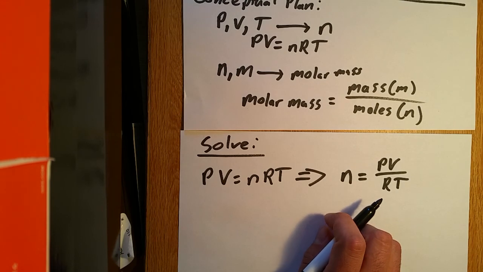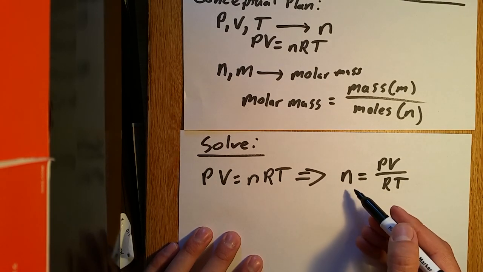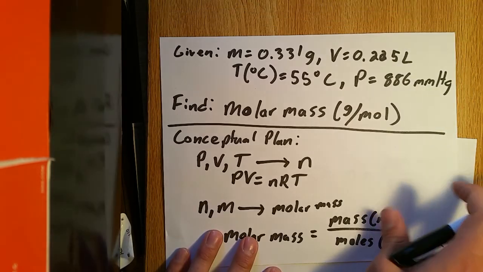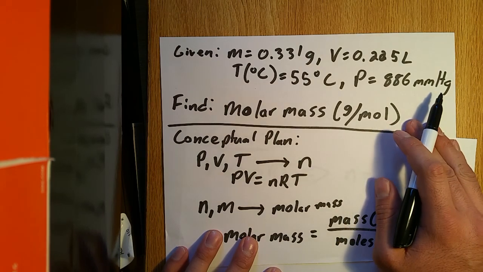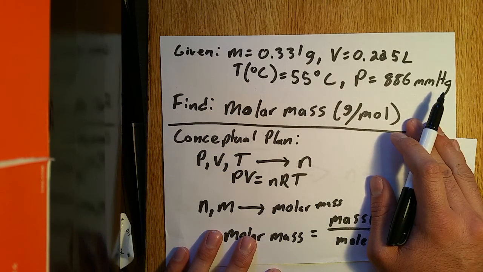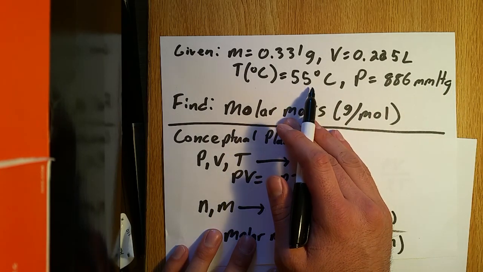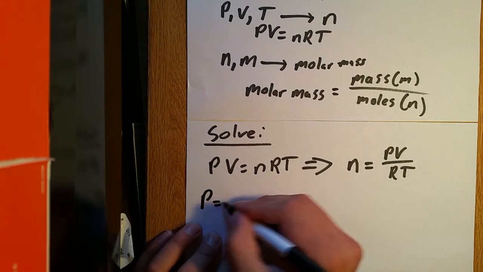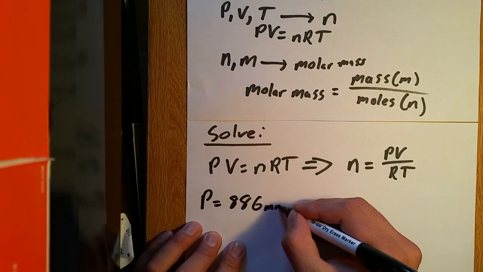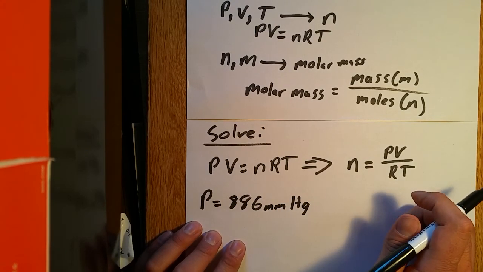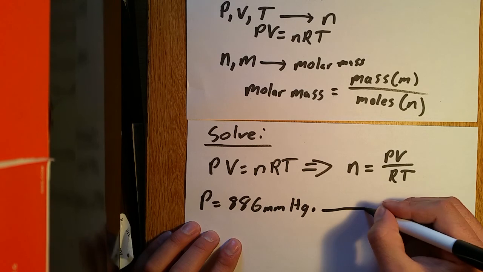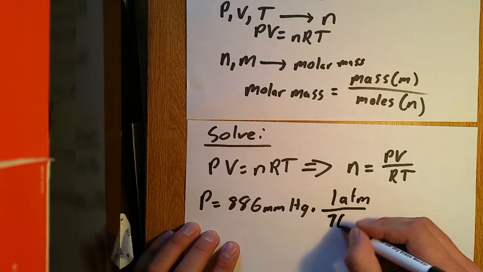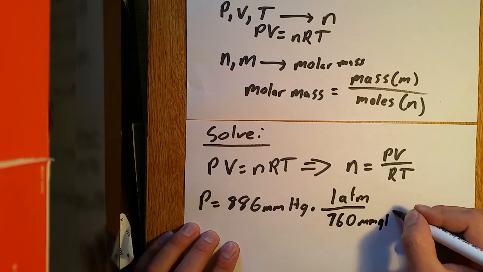Before we substitute into the equation for n, which is our moles, we first need to convert the pressure, 886 millimeters of mercury, to atmospheres, and we need to convert our temperature into Kelvin. We multiply 886 millimeters of mercury by our conversion factor of 1 atmosphere equals 760 millimeters of mercury.